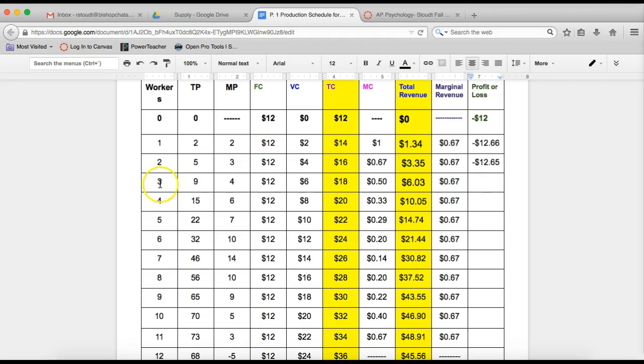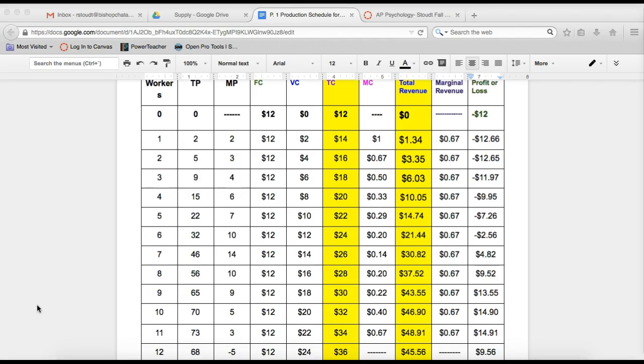At 3 workers, we're going to subtract $6.03 minus $18. So again, you're going to have a loss, in this case of $11.97. All right, so pause the video again, take your calculator, go through the rest of these. Total revenue minus total costs. When you restart the video, the rest of it will be filled in and we'll finish the last little part of this. So now we should have the profit or loss column finished.